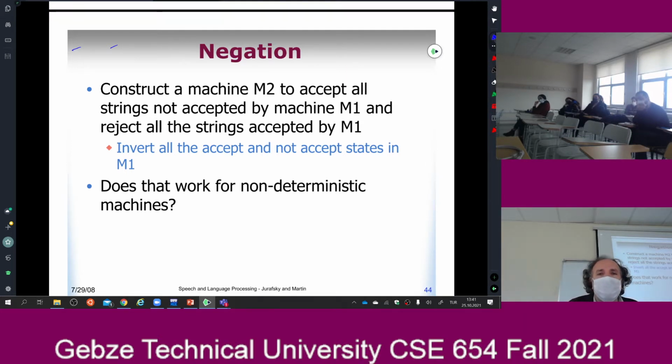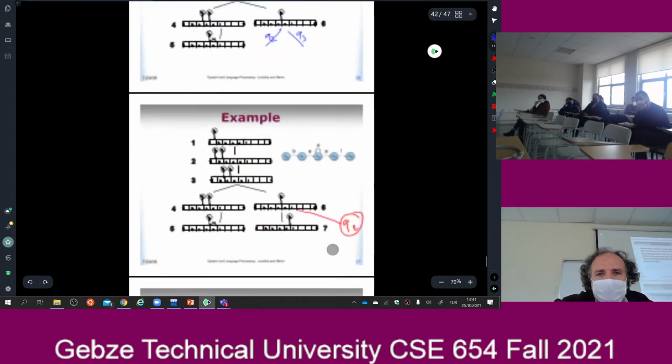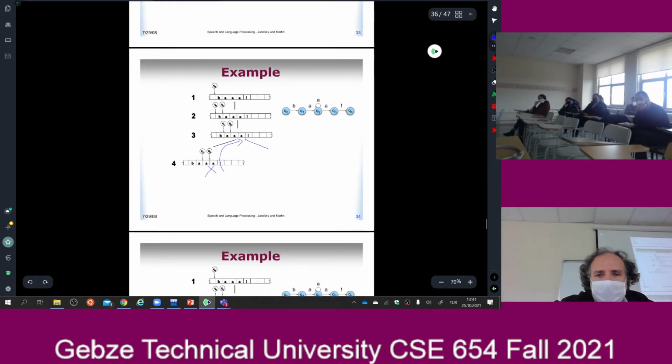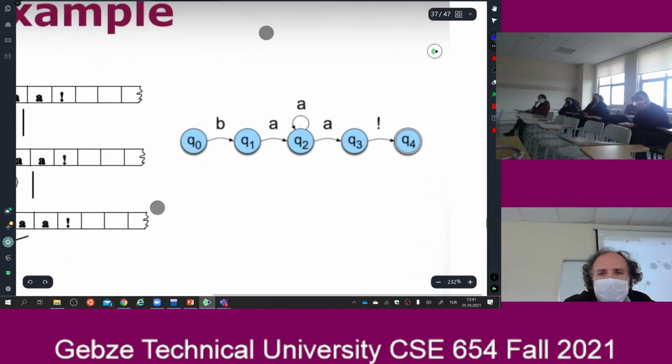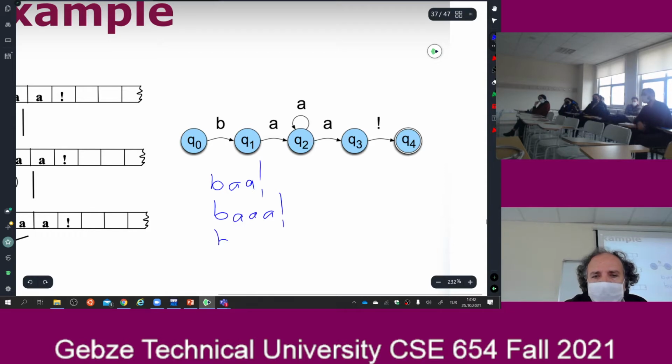Okay, remember our sheep language? Where is my sheep language? Let's go to the, yeah. This is a sheep language, right? So this will recognize B like this one, this one. These are all accepted by the sheep language.